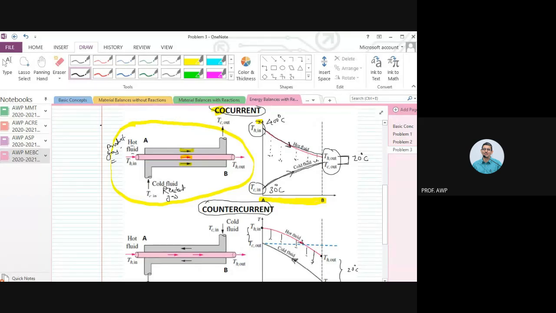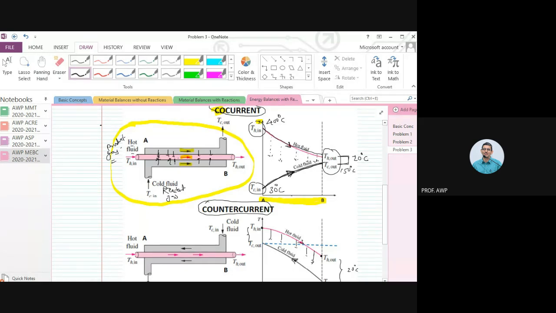Do you agree? As they go along this exchanger, heat is being transferred from outside the tube to inside the tube, and the reactant gas gets heated from 30 degrees centigrade to higher temperature, let's say 150 degrees centigrade.